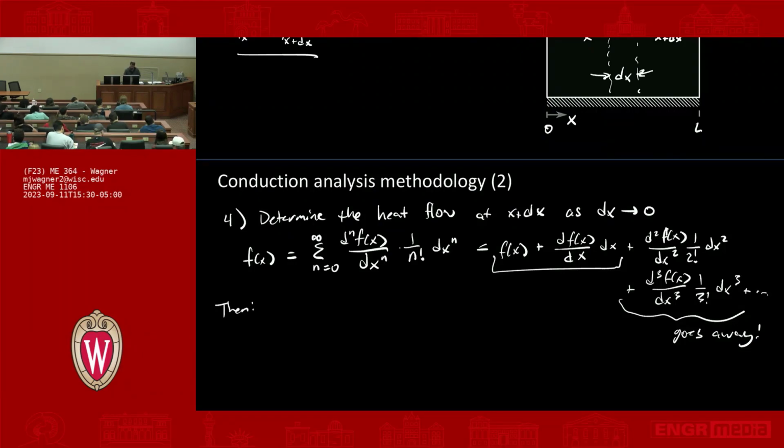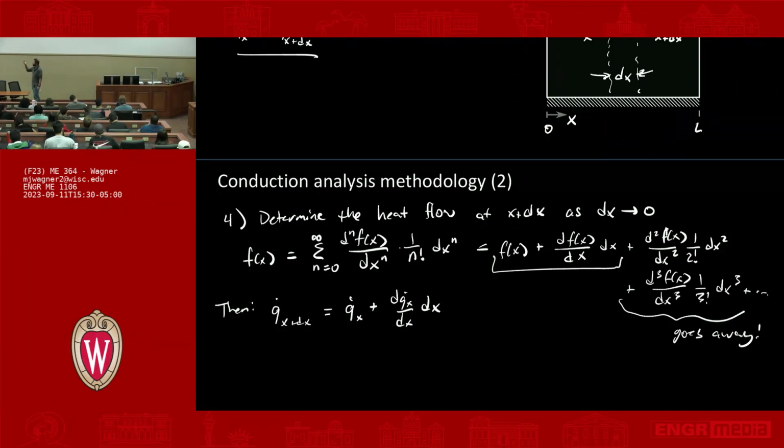So then we're saying here, if I want to come up with an equation for q dot at x plus dx, I'm going to use the Taylor series expansion, and I'm going to represent this as q dot at x plus dq dot x dx times dx. So again, if this is confusing, stop and think about what's happening.